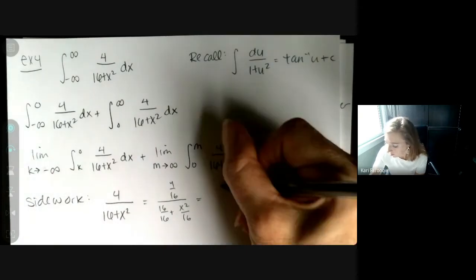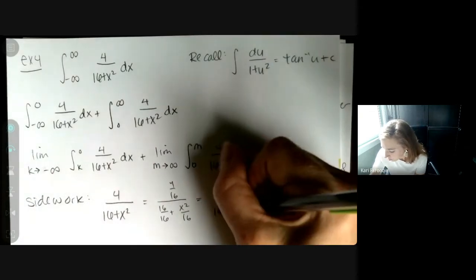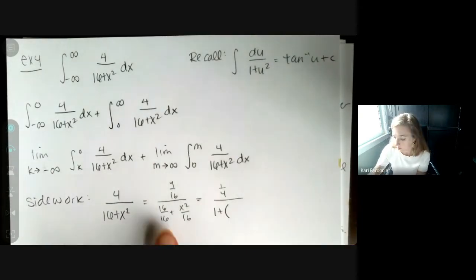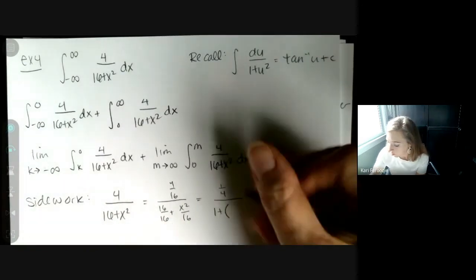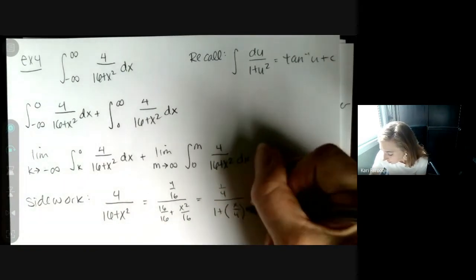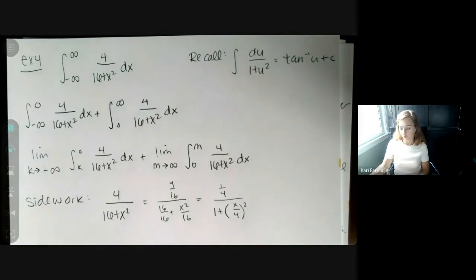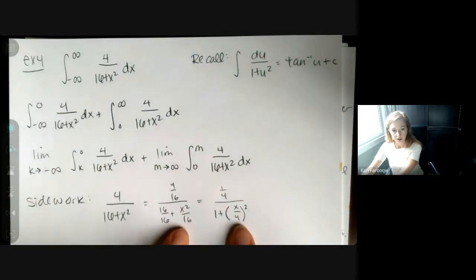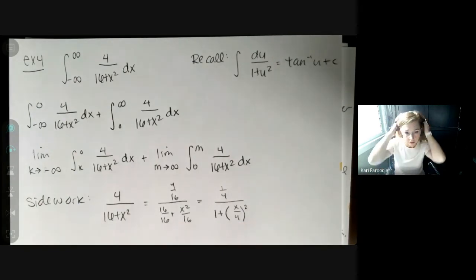Four divided by 16 is 1/4, and then I'll have 1 plus. If I want this quantity to be squared, I'm going to square root the 16. So if I take x and divide it by 4 and square it, I will get, when I square the numerator and denominator, x squared over 16.